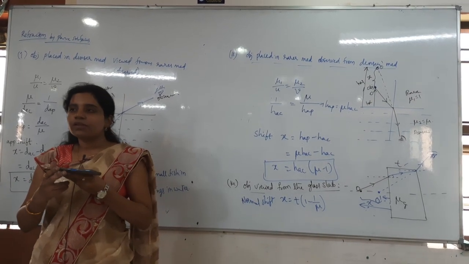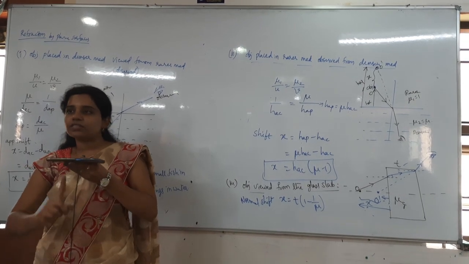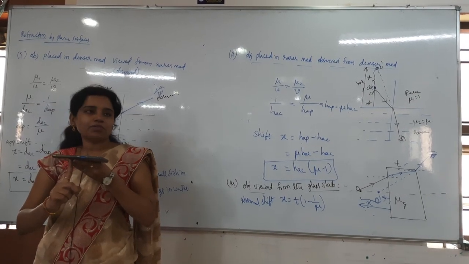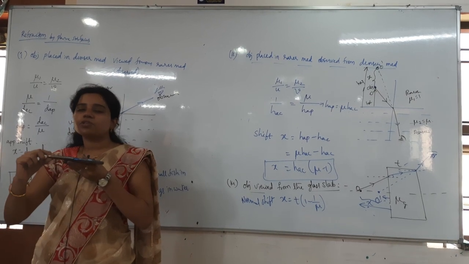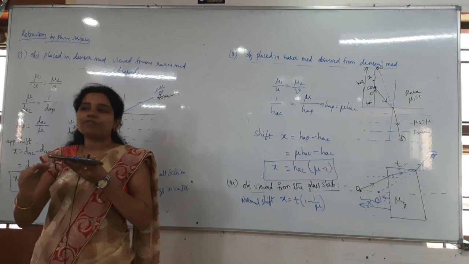Whenever light travels from the object below and hits the boundary, coming from the rarer medium to the denser medium, it bends towards the normal. Then it comes out of the second boundary, from the denser medium to the rarer medium, so it bends away from the normal.